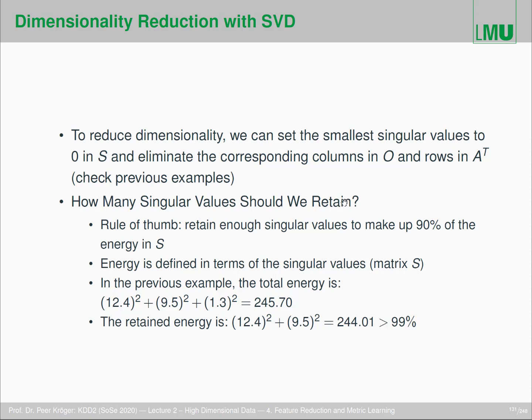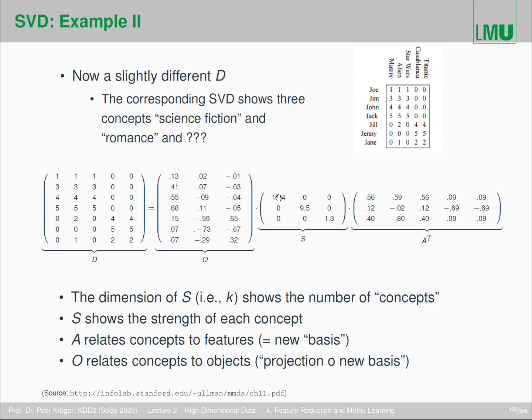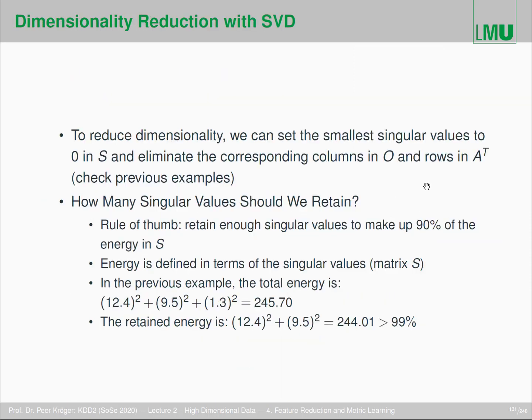Well, we know that the singular values tell you how important the concept is, and intuitively the third concept is not so important. So how can we get rid of this third concept in order to reduce the whole thing to 2 dimensions? That's the basic idea.